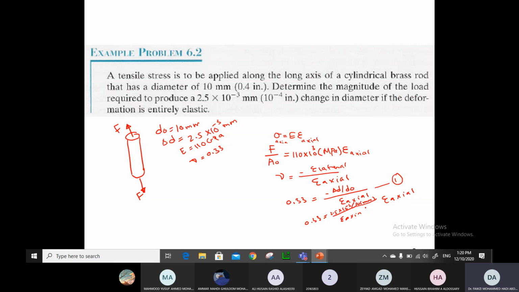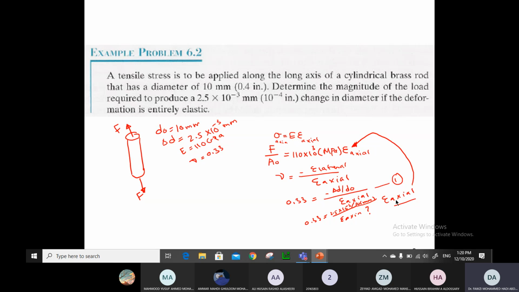Okay, so the only unknown in this equation will be the epsilon axial. If you get the epsilon axial here, then you can just come and substitute here. Just plug the numbers in the calculator, and put the axial strain here.